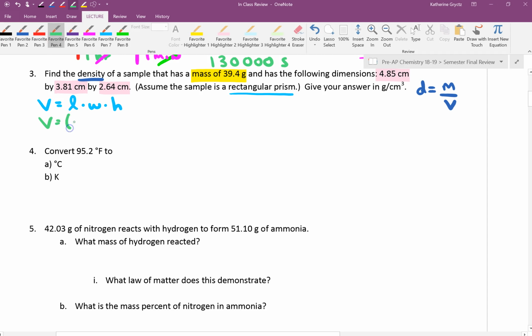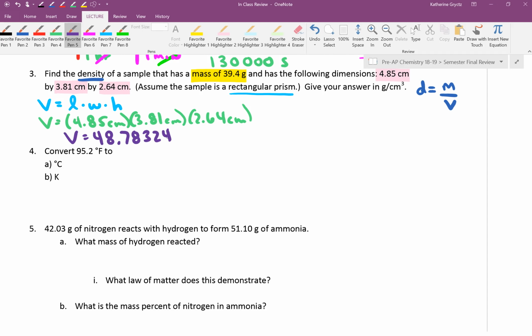So our volume should be 4.85, 3.81, and 2.64, all multiplied together. Okay, and if you do that, you'll get 48.78324. And you notice I just wrote down a bunch of digits. I'm not doing significant figures at all.